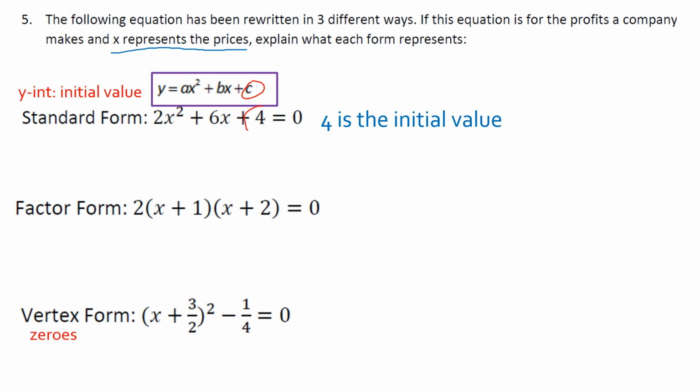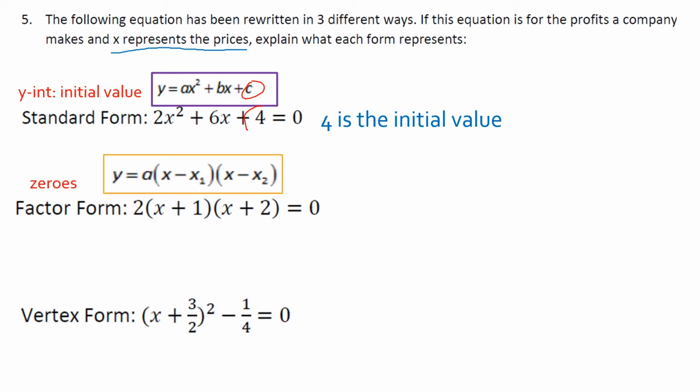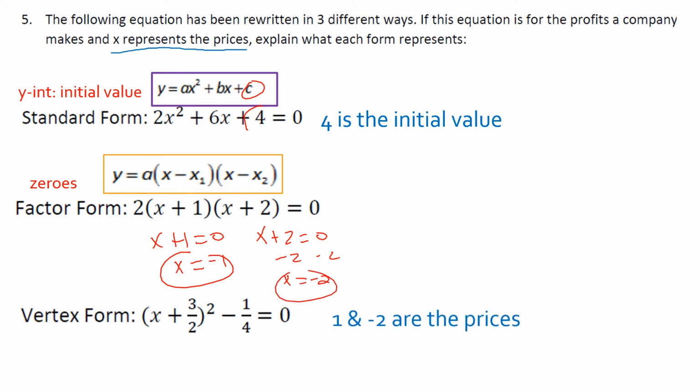The factored form gives us our zeros. And so if you were to solve this, x plus 1 equals 0, we subtract 1, x equals -1. X plus 2 equals 0, subtract 2, x equals -2. And so we could say that -1 and -2 are the prices. And vertex form gives us our vertex here.